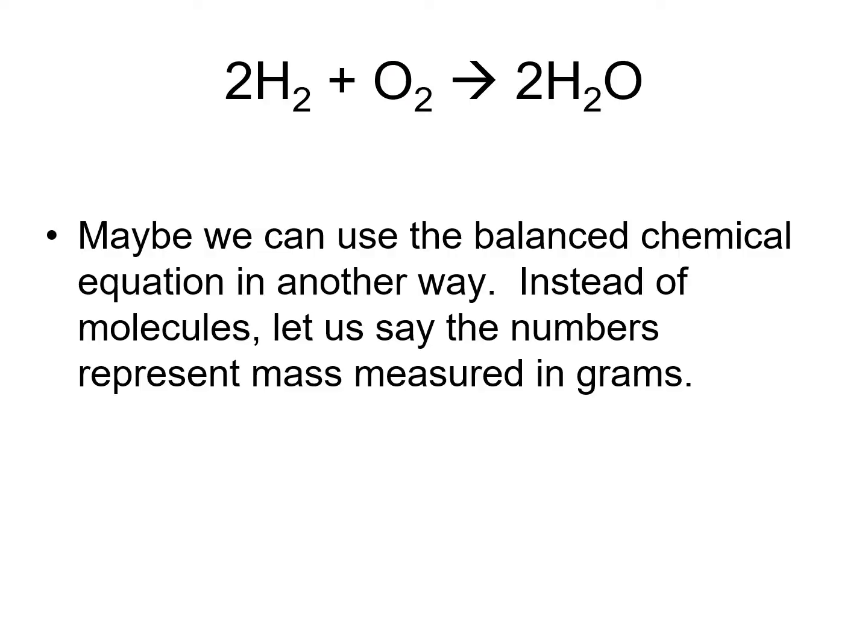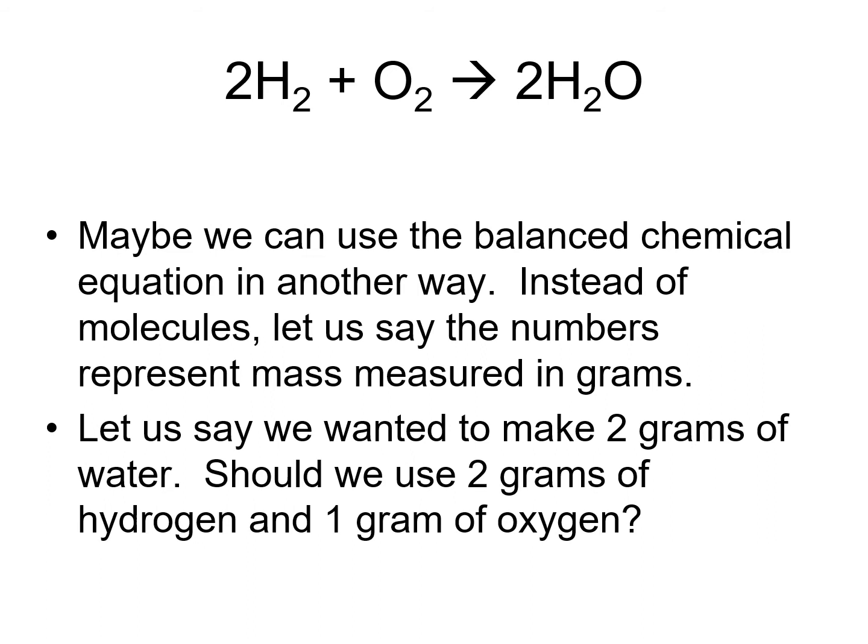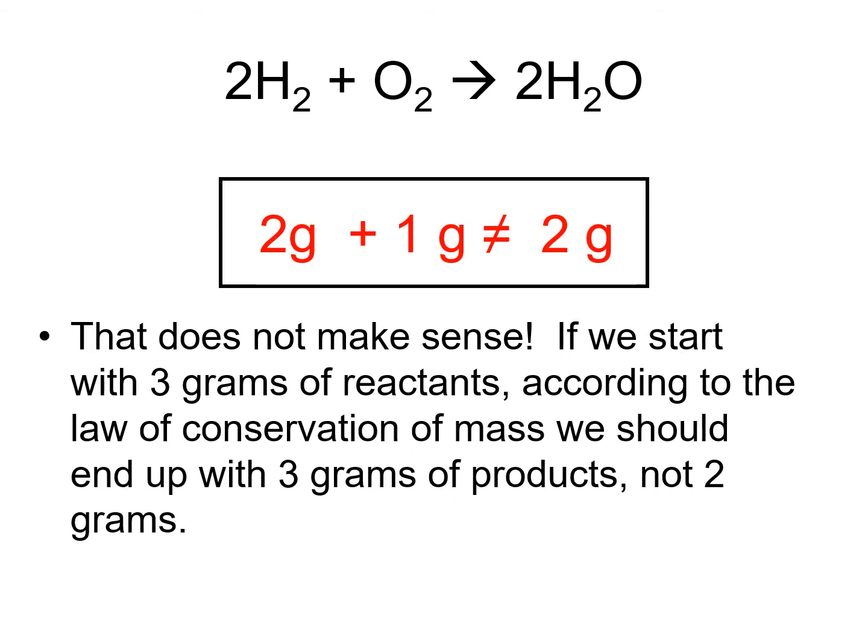If we look at the balanced chemical equation again, maybe instead of saying 2 molecules of hydrogen, I can say 2 grams of hydrogen. Let's say I wanted to make 2 grams of water. Well, if I insert the word gram there, 2 grams of H2 and 1 gram of O2, that doesn't give me 2 grams of water, it would give me 3. So there's something not quite right about that process.